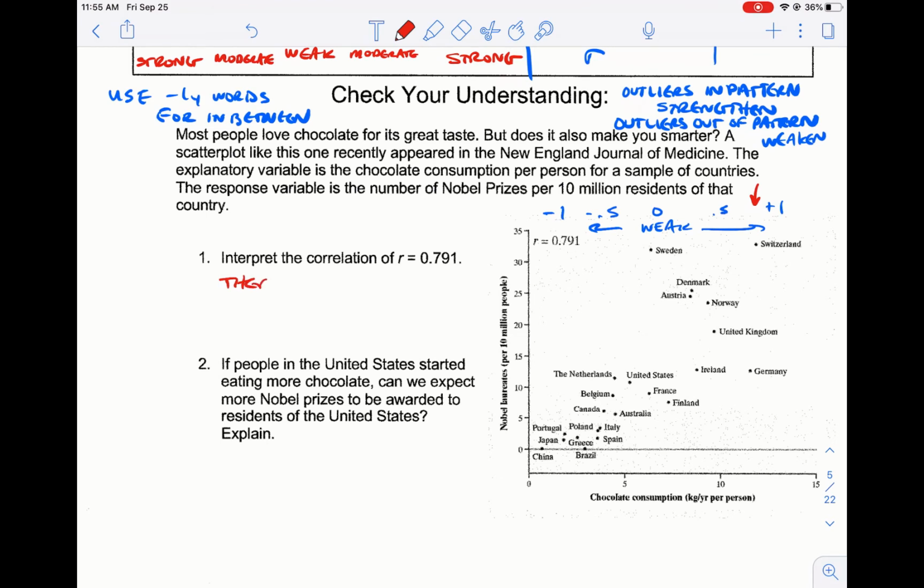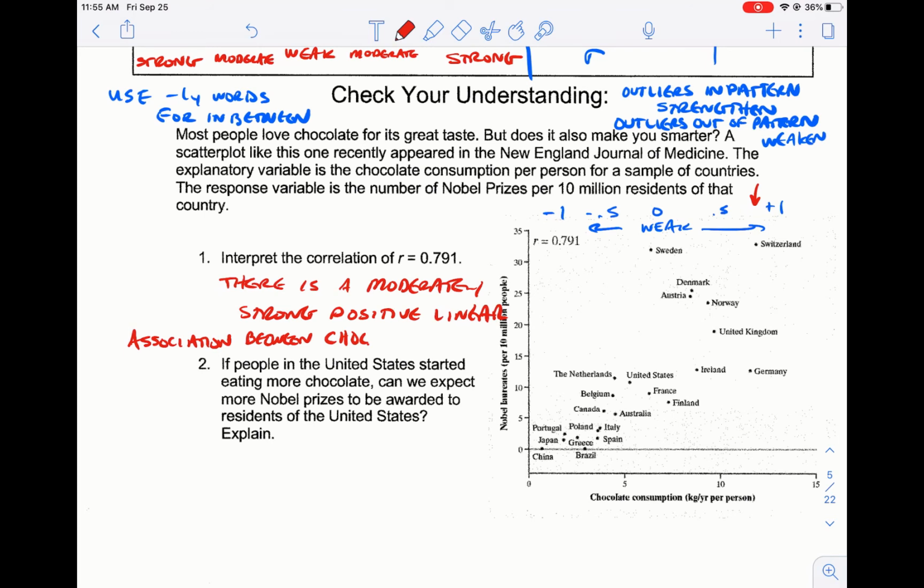So what we could say is there is a moderately strong positive linear association between chocolate consumption and Nobel Prize winners.